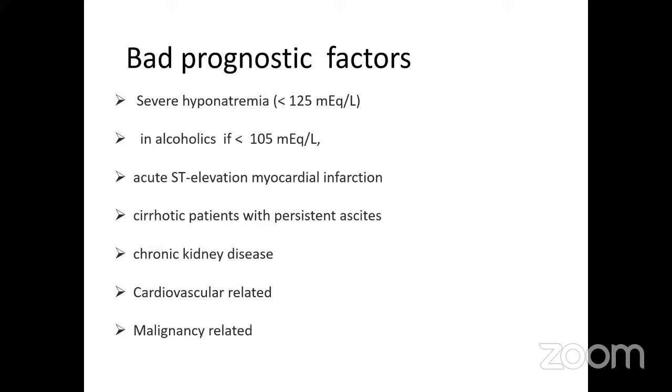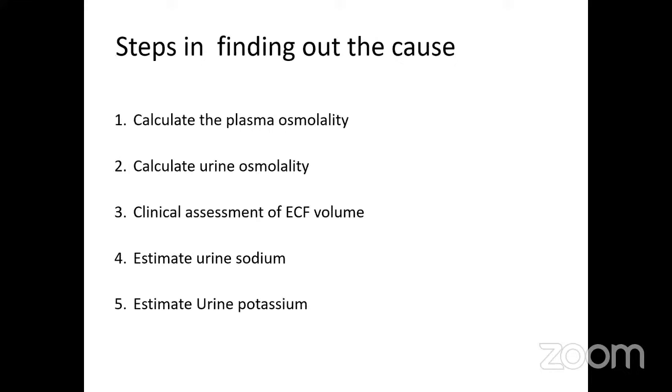In chronic kidney disease, you should identify the cause of hyponatremia; if it is fluid overload, restrict fluid. Cardiovascular mortality is related to hyponatremia. Malignancy also, through various mechanisms, results in hyponatremia. So these are all bad prognostic factors.